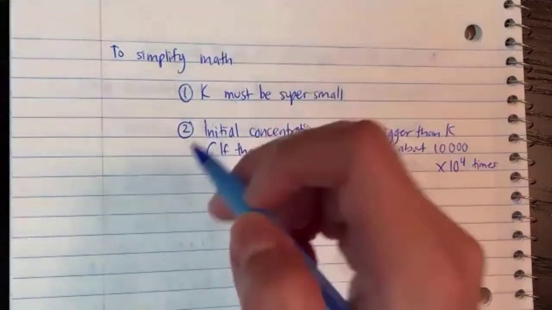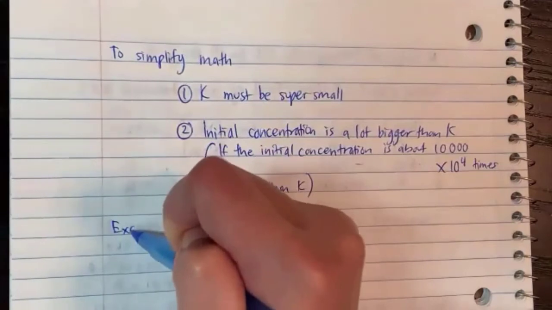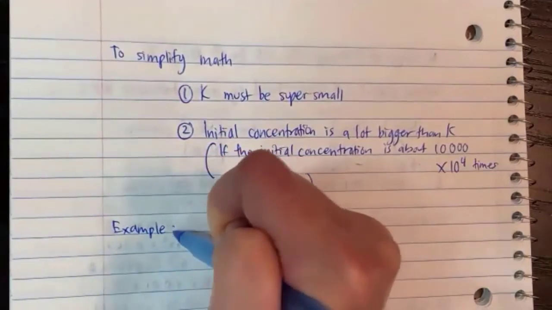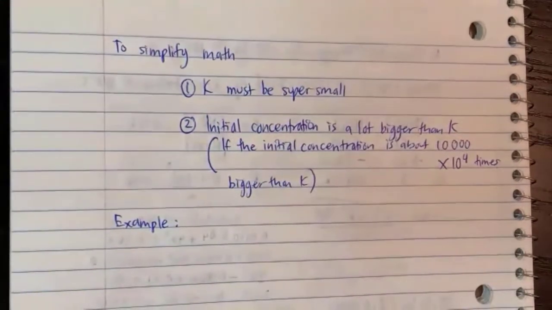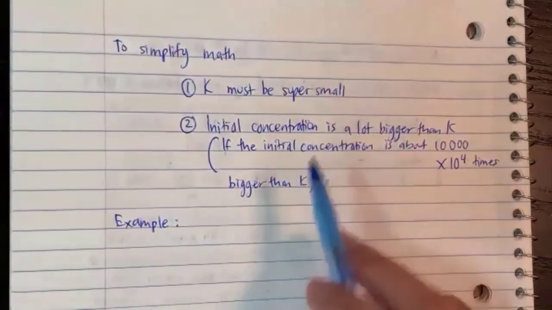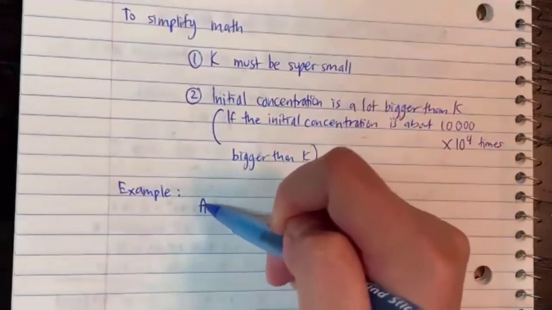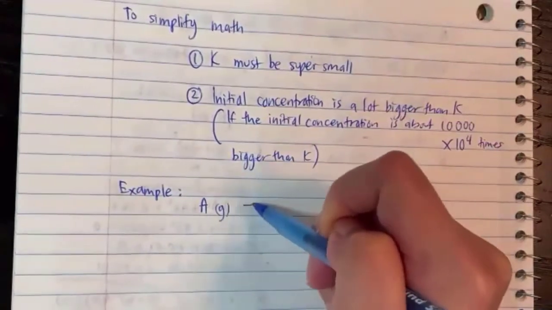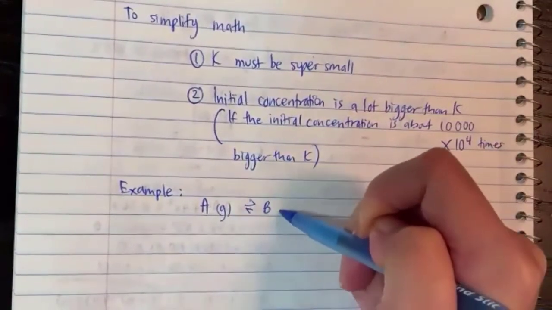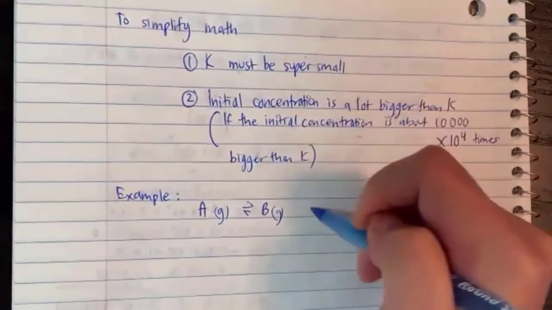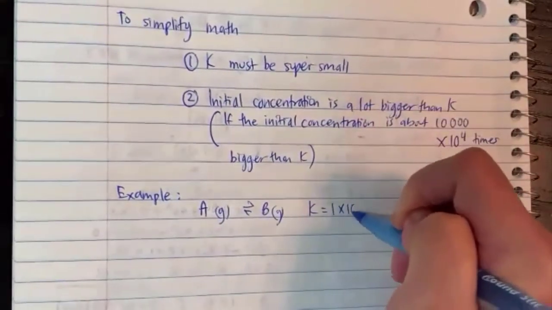Okay, so here's an example of how we can simplify our math. So why we can apply it when these two conditions fit. I'll write it out. So here's an example where you have A turning into B. And it says here K is 1 times 10 to the minus 12.